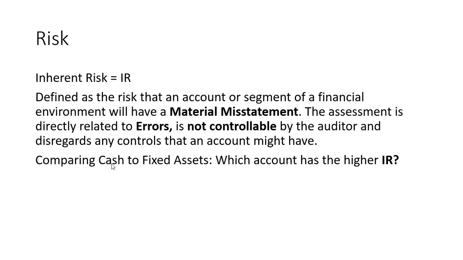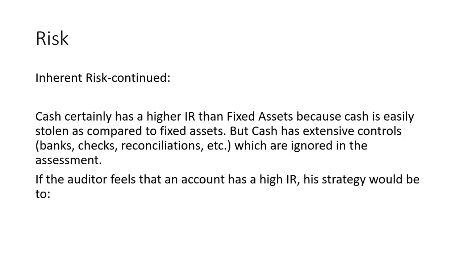So if we are looking at different accounts, let's say we were comparing cash to fixed assets, which of these accounts do you think would have the higher inherent risk? Okay, answers. Cash certainly has a higher inherent risk than fixed assets because cash is easily stolen as compared to fixed assets.